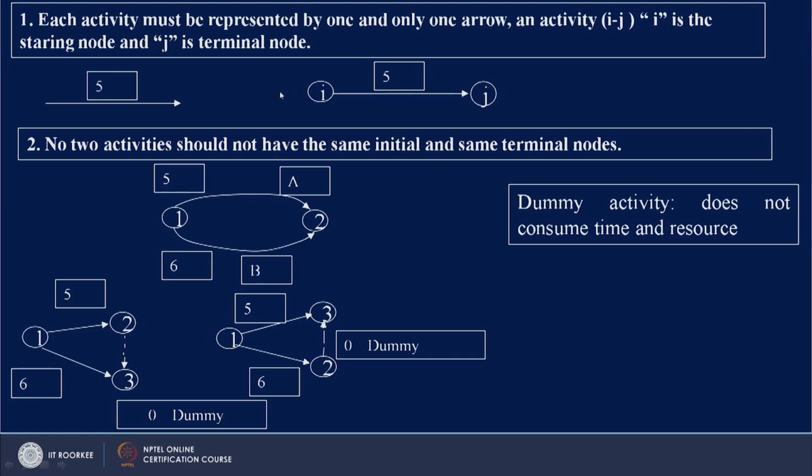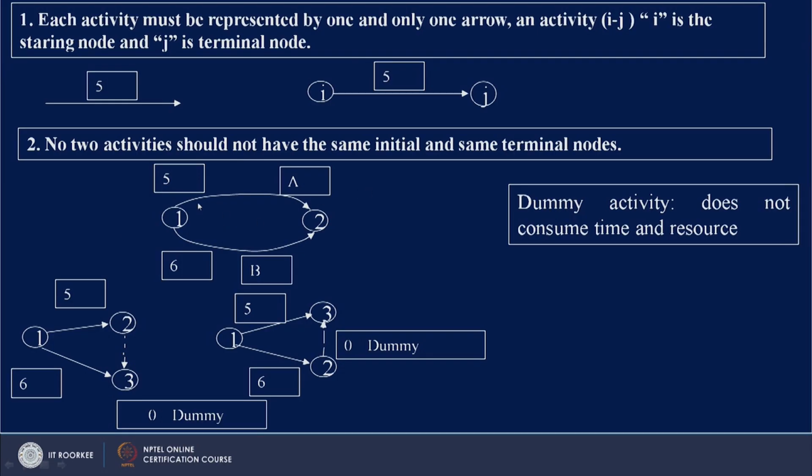Once you are done with this, the second rule is that no two activities should have the same initial and the same terminal node.